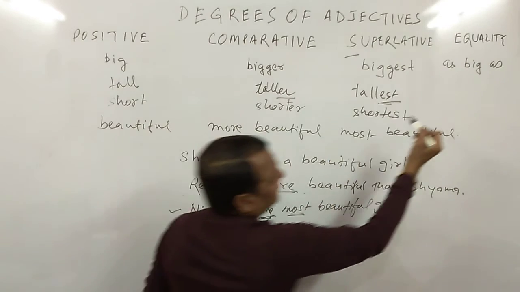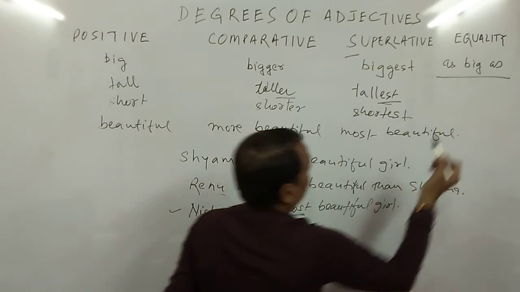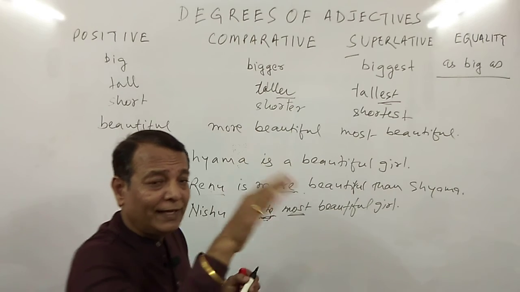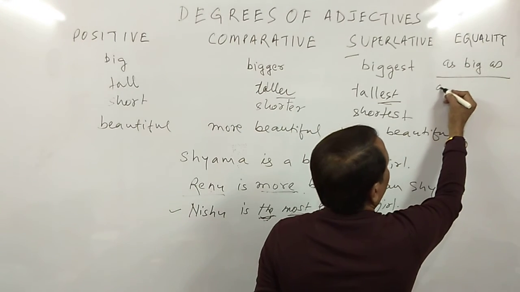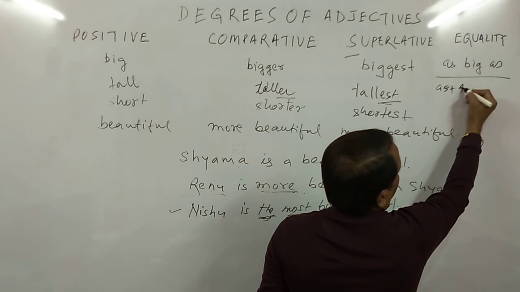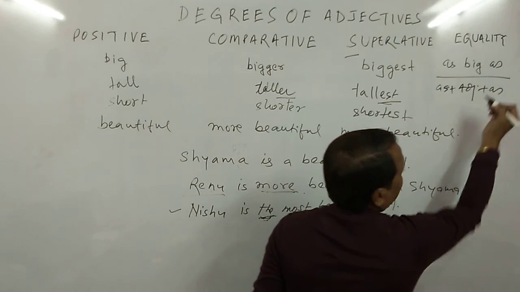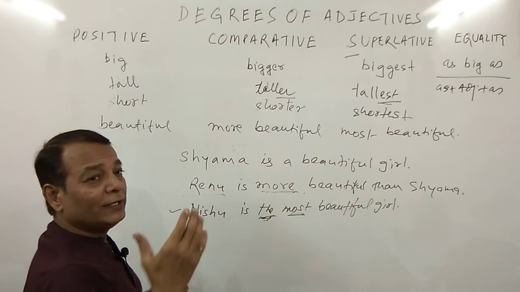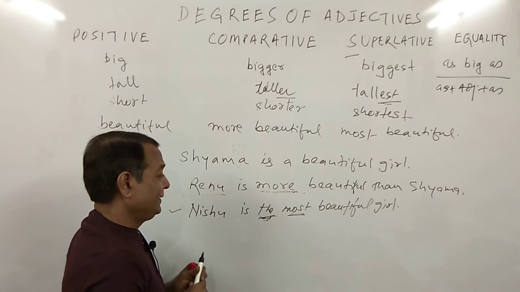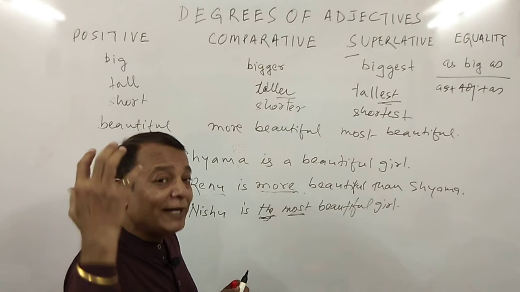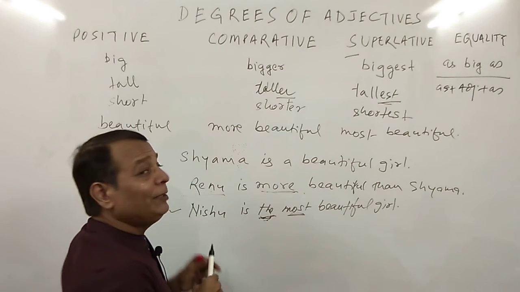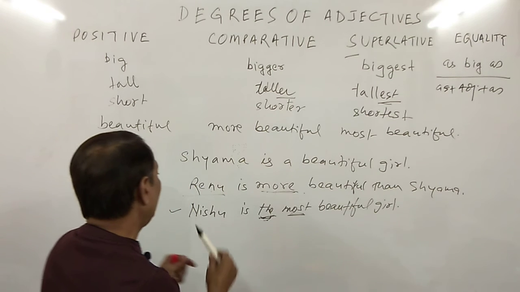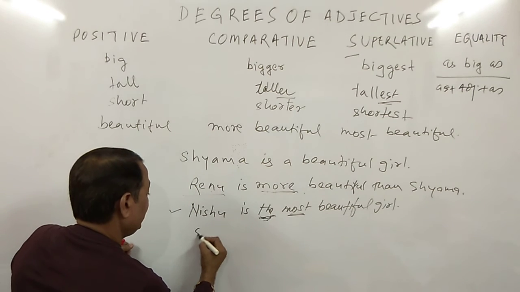Here one example is written for equality. In equality you are actually using as adjective as. The rule is so simple: as plus adjective plus as. Now suppose one more girl is there and her name is Mamta, and in my opinion, Syama and Mamta are equally good, equally beautiful. So how will I write here?